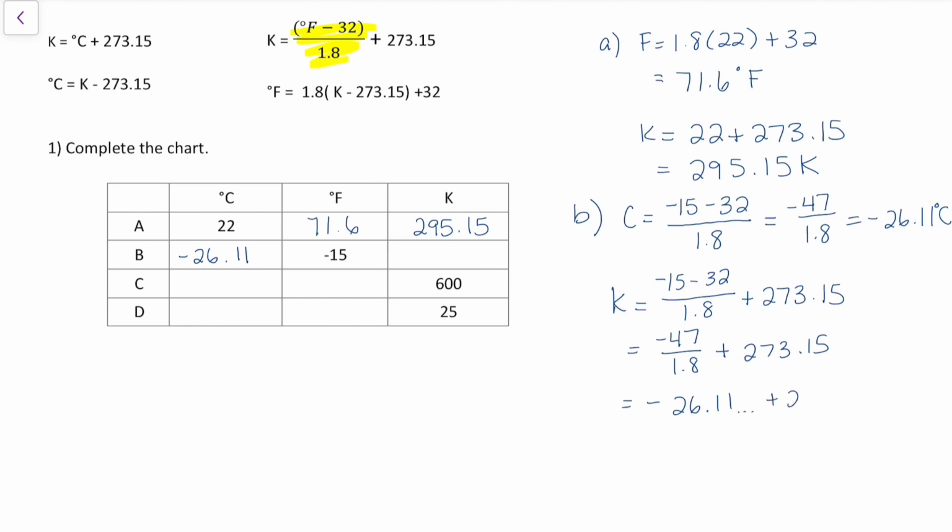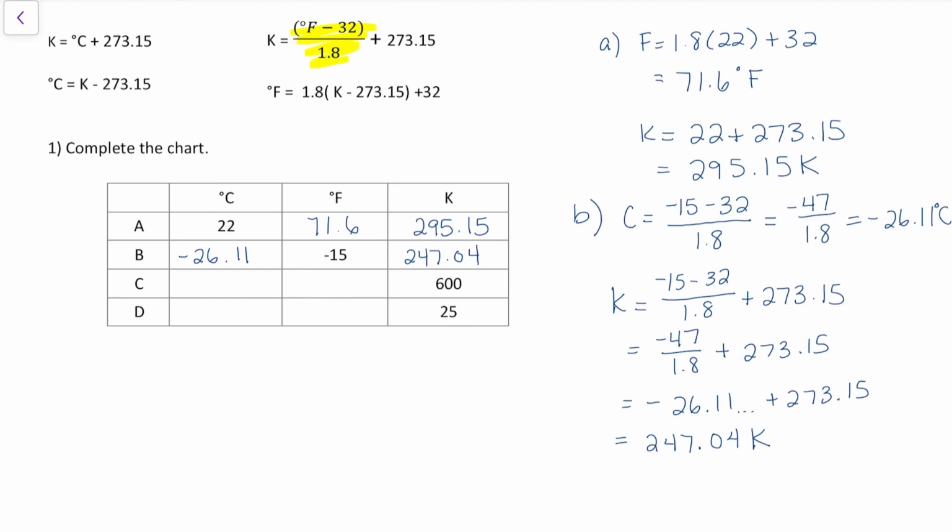We don't want to round until the end. And we get 247.038, so I'm going to do 247.04 in order to round to 2 decimal places. And again, remember, it's just a K, not degrees K, for our final answer there.